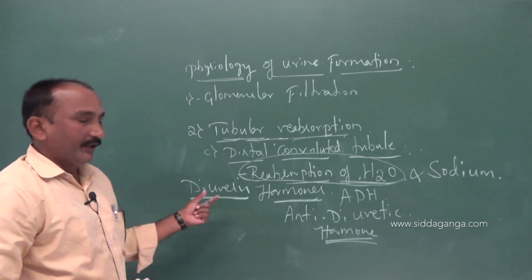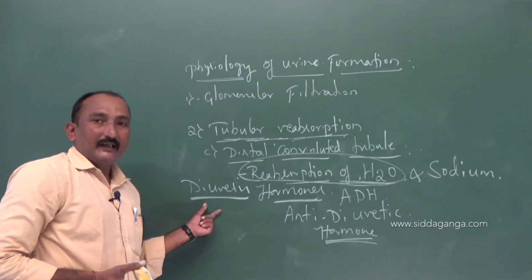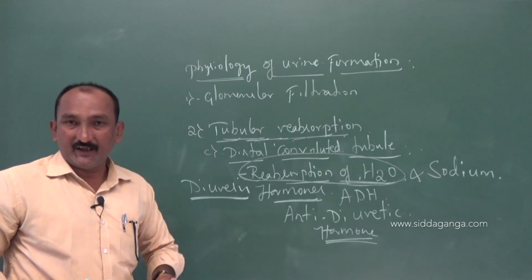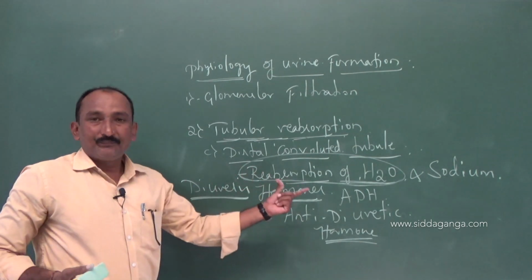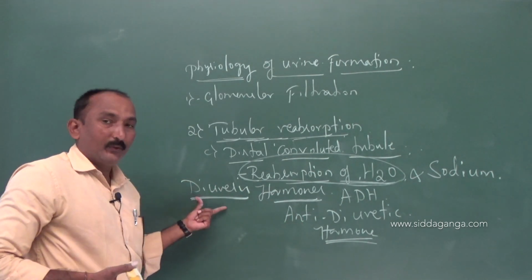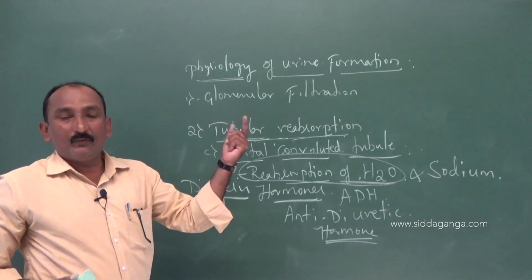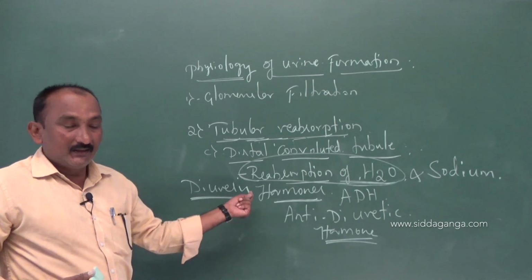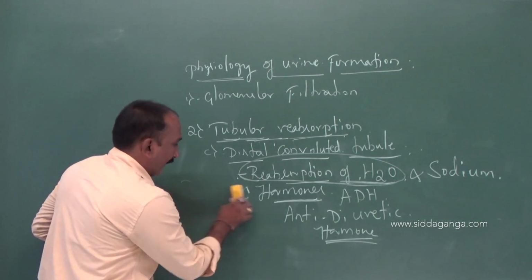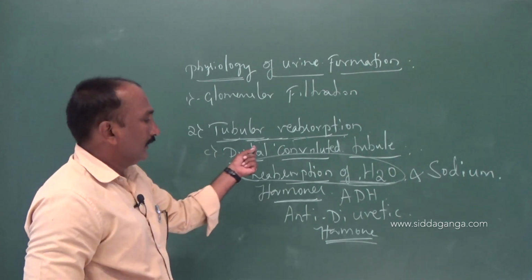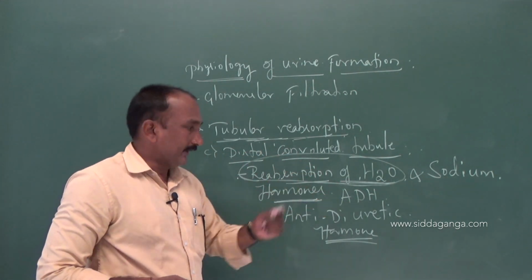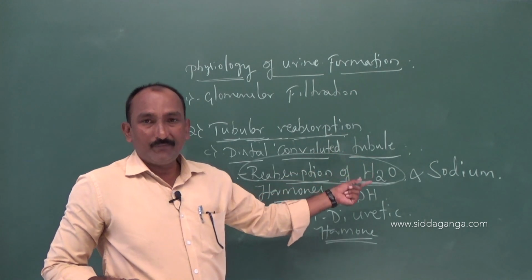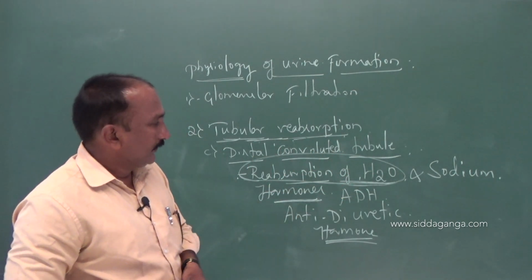It is the condition in which the person excretes diluted urine, not concentrated. More quantity of water is eliminated along with urine, which is called diuresis. To avoid this diuresis, the anti-diuretic hormone is involved in the reabsorption of water from the distal convoluted tubule.